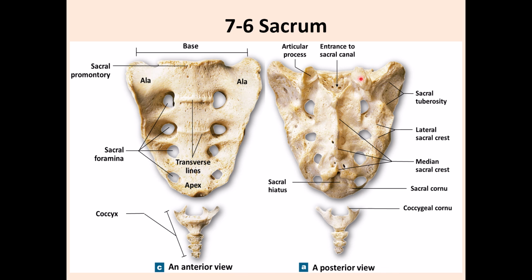This articular process is the one that I told you before articulates with L5, the last lumbar vertebra. The lower part of the sacrum also articulates with the coccyx, and as you can see, there are different vertebrae fused together.